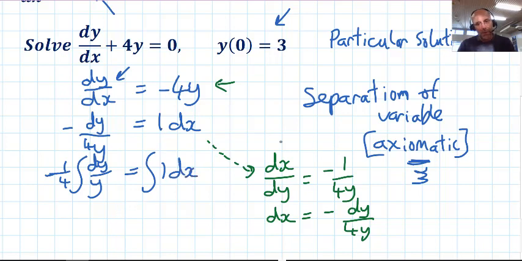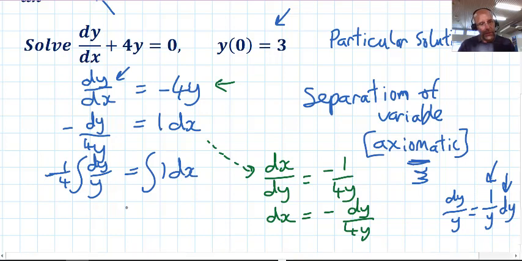And just remember, when I'm writing things like dy over y, I'm writing 1 over y dy. So we're integrating 1 over y. I'm writing it with the dy on the numerator. And we know that that will be negative a quarter natural log of the absolute value of y, and that is x plus c.